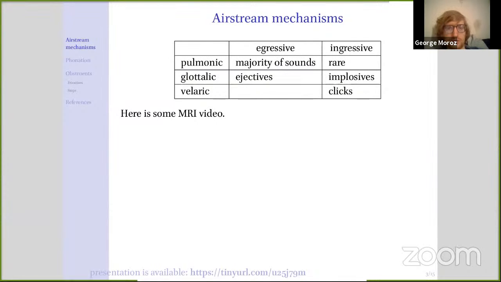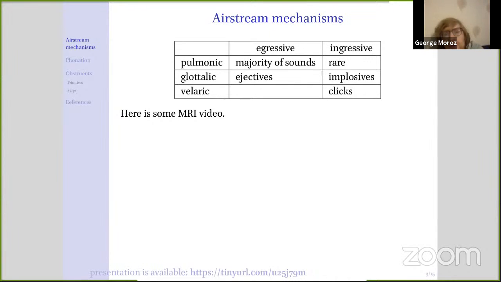What is the idea? During the production of most plosives, you have some constriction in your mouth. For instance, when we have P, we just close our lips, keep them together, and then they are separated.